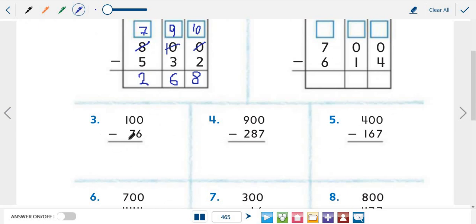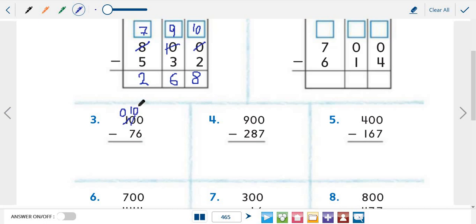So interesting. Let's solve question number 3. 100 minus 76. There are no ones, no tens, and 100. So how can we regroup? Yes, we need to regroup 100 to 10 tens. So this 1 is gonna be 0. And this 0 is gonna be 10. Now we have 10 tens.